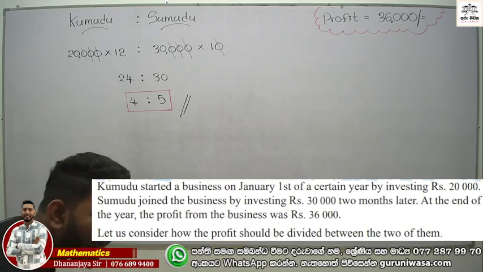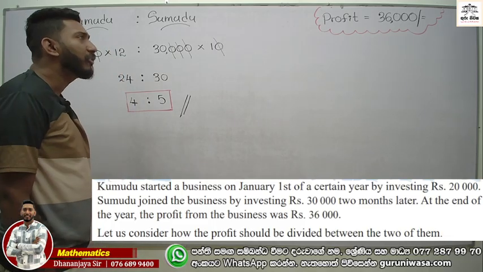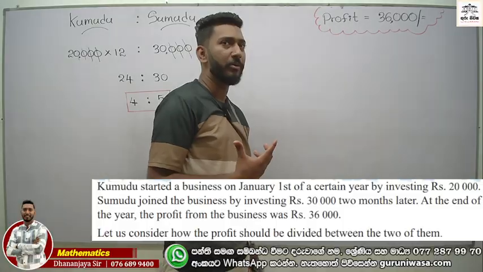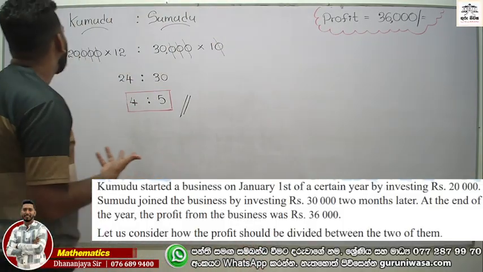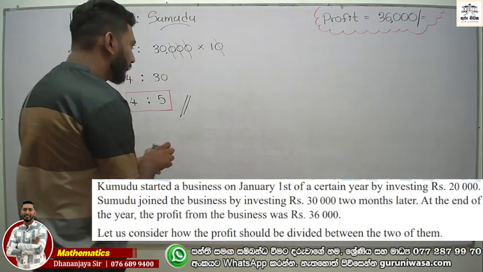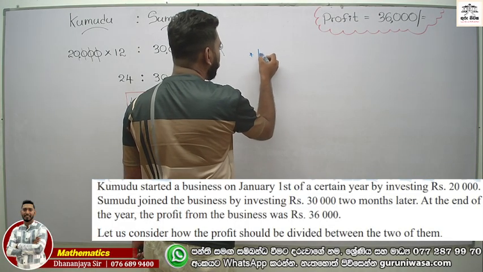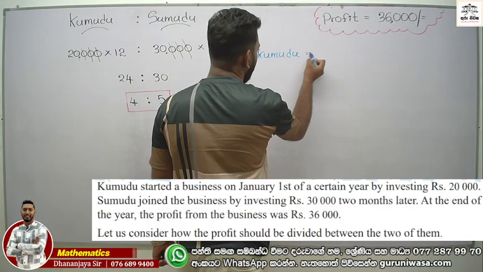Okay, well done, Yanara. Good. Right. Now I'm going to use the fraction method. Some of you use the unitary method. Now I choose the fraction method to solve this question. Now, Kumudu. Look at this.